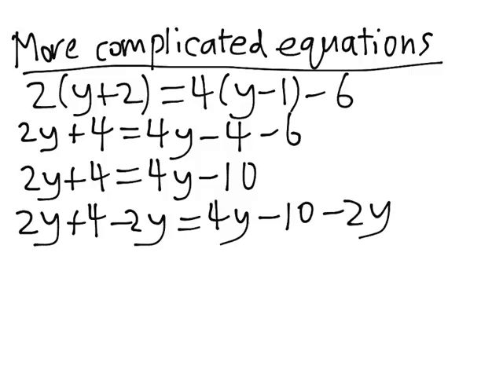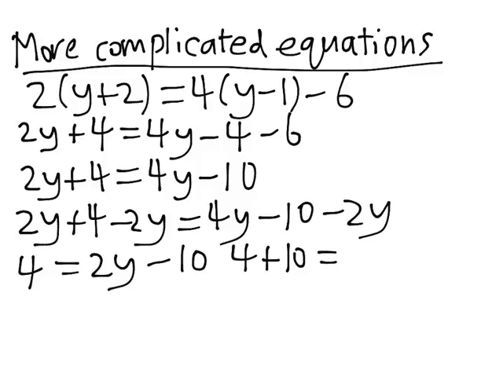If we now combine the like terms, we see that 4 equals 2y minus 10, since the 2y's cancel on the left side, and on the right side, 4y minus 2y equals 2y. Now we can add 10 to both sides, so that 4 plus 10 equals 2y minus 10 plus 10.